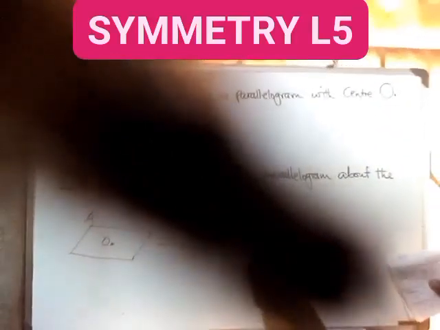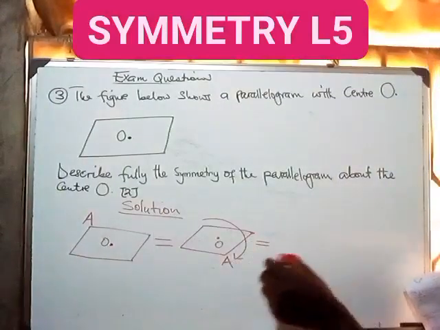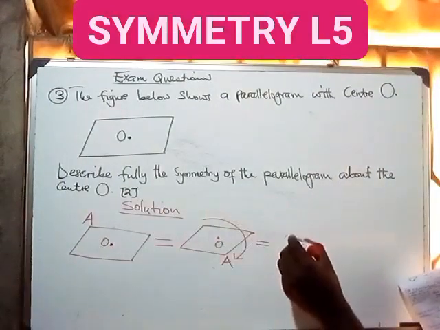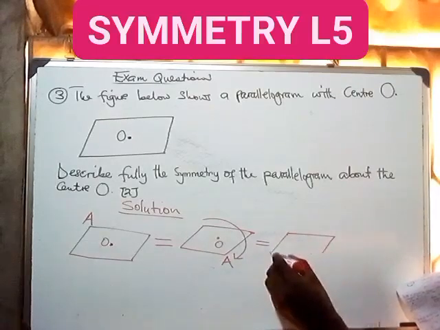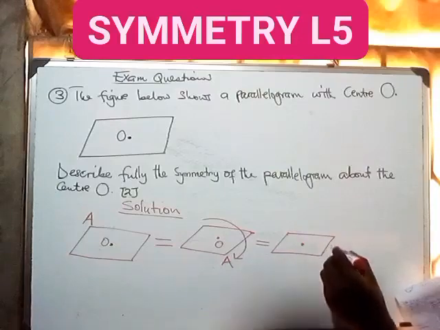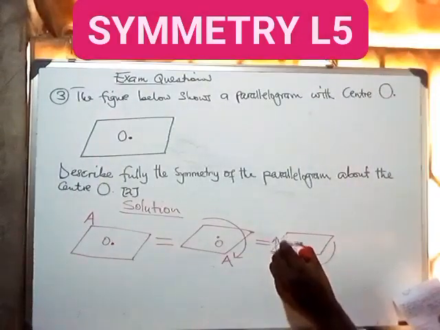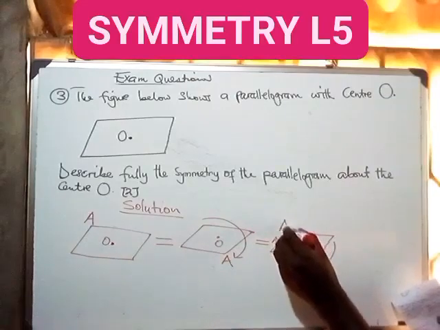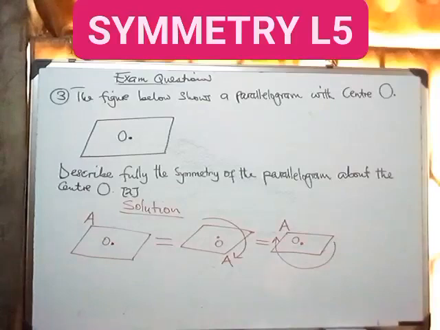For the next rotation, it rotates a second time so that it goes back to its original position. It moves like this and goes to the point A where it was in the first position.